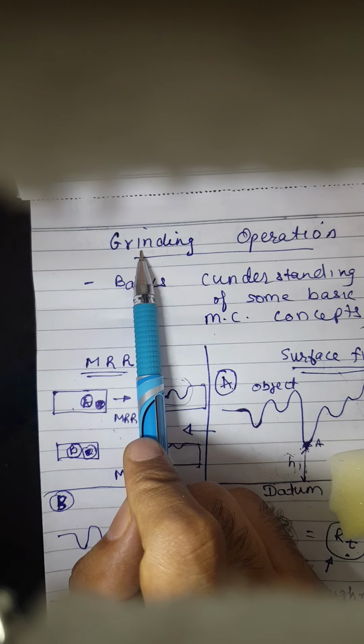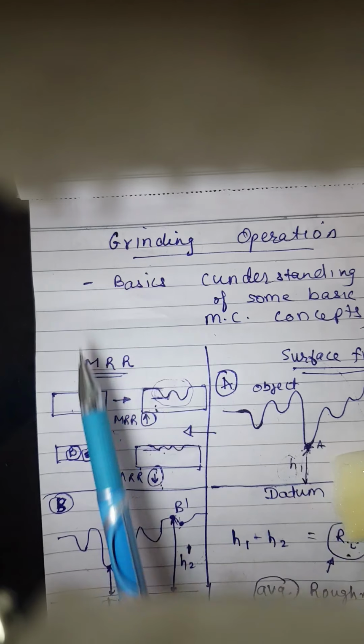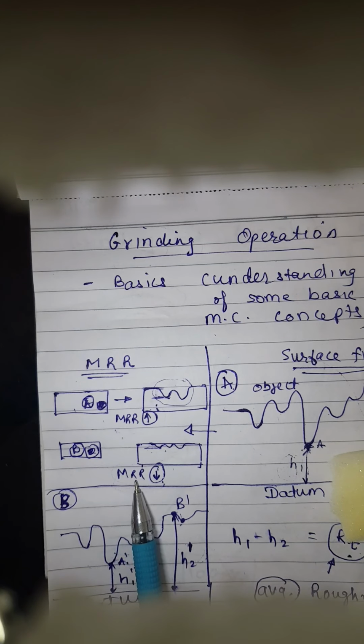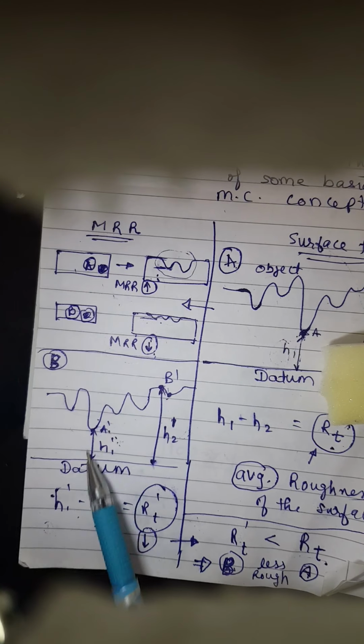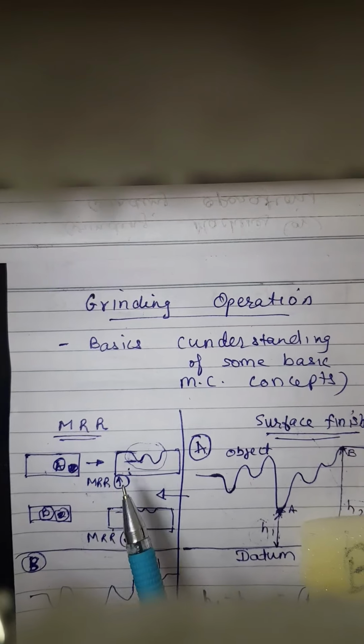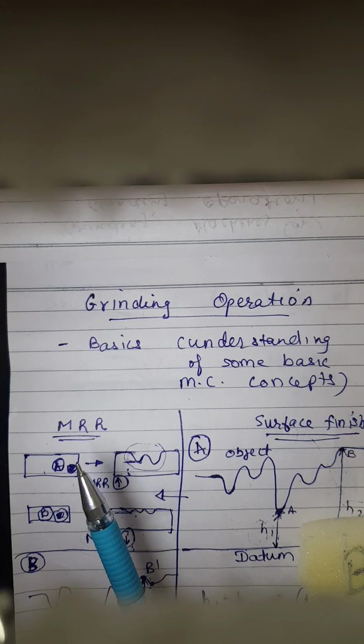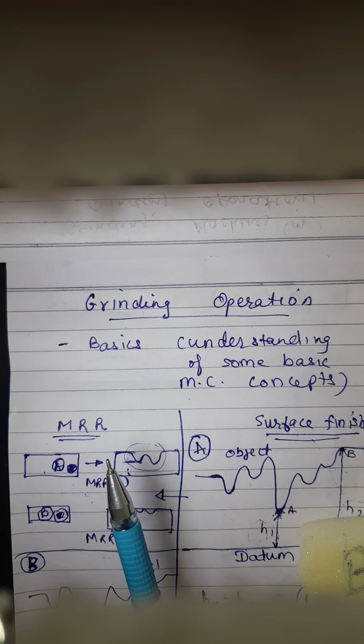So I should have a lesser MRR, which would essentially give me a better surface finish. And generally, if we talk about rods, that shiny part on the rod we get because of the grinding process.